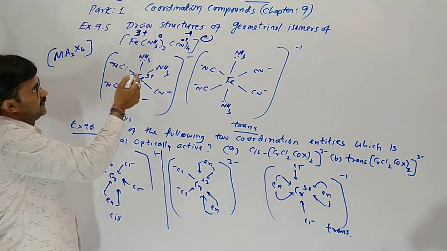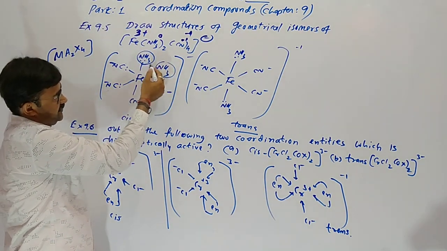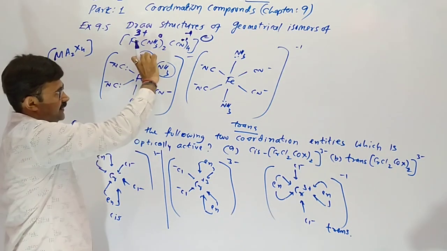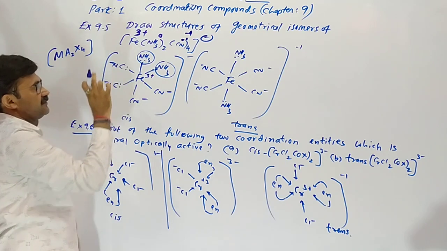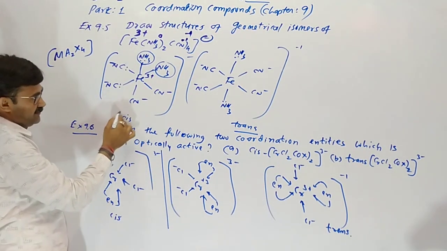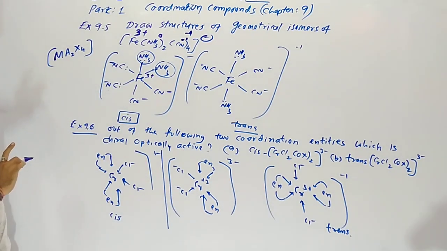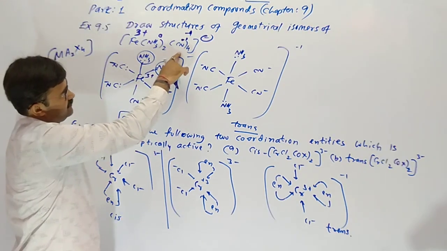I told you, whenever 2 amines are close to each other at 90 degree, here, or here, not opposite, so it will be cis. A2, B4.